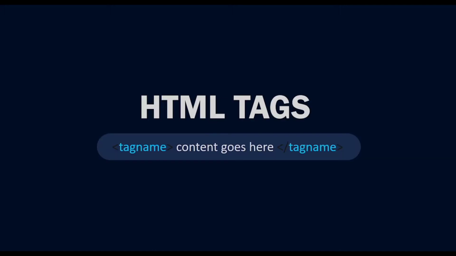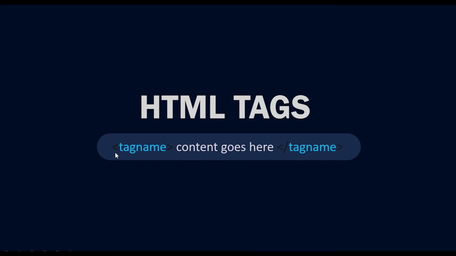HTML tags. These are HTML code that defines every structure on an HTML page. Tags are hidden keywords within a web page that define how your web browser must format and display the content. These tags here are always written with an opening angle bracket and a closing angle bracket.